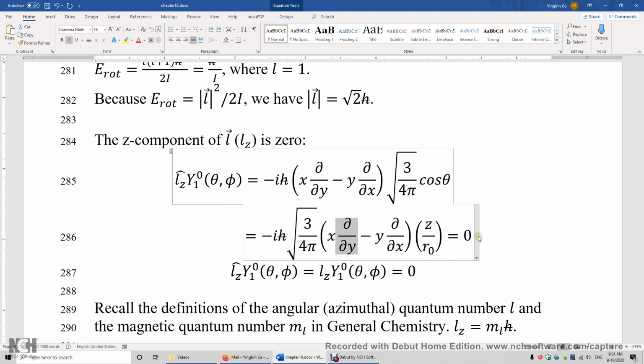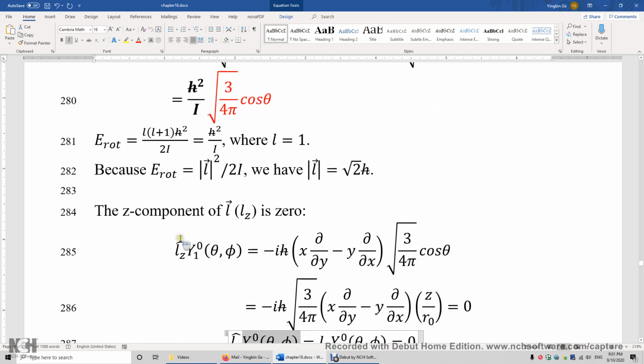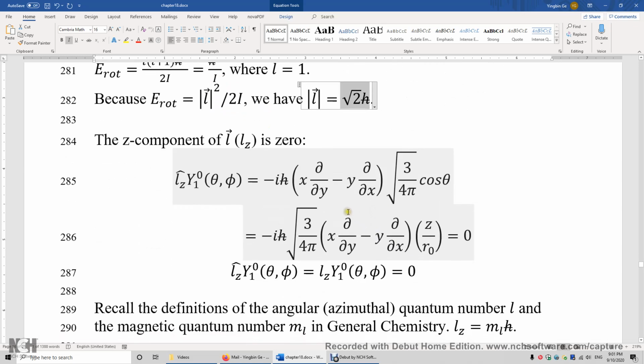This result is 0. That means the z component of this wave function is simply 0. So what does that mean? Its rotational energy is this. We have the angular momentum, square root of 2 times h bar. However, its z component is 0. So this vector is on the xy plane.